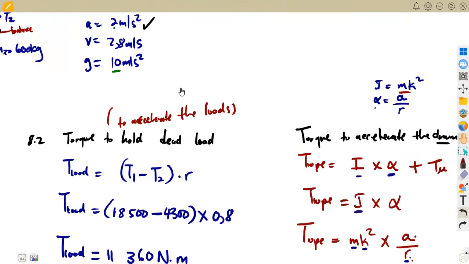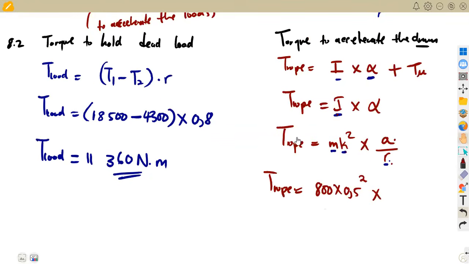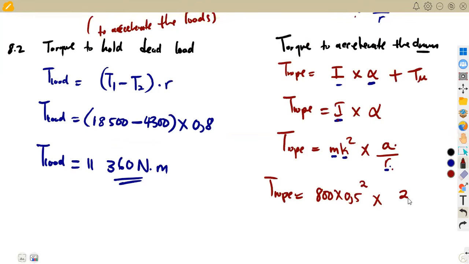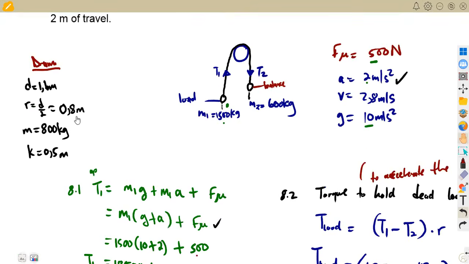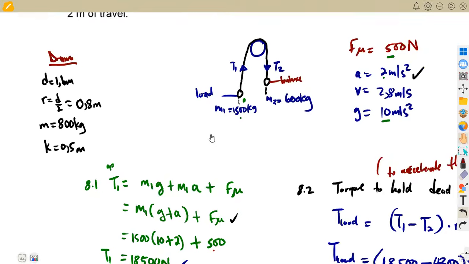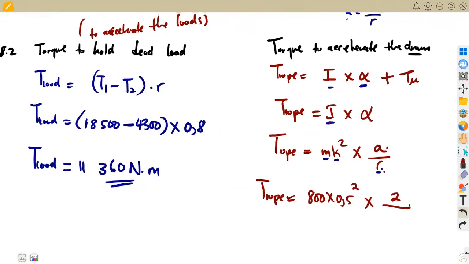We are given the linear acceleration as 2 meters per square second, so we have 2 over the radius of the drum, which is 0.8.